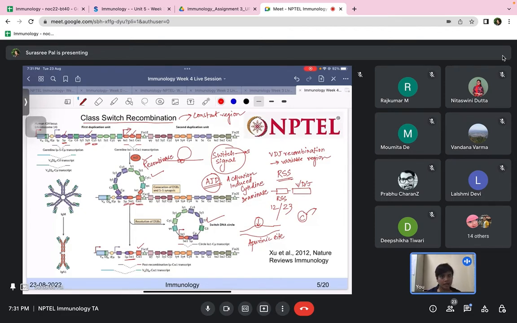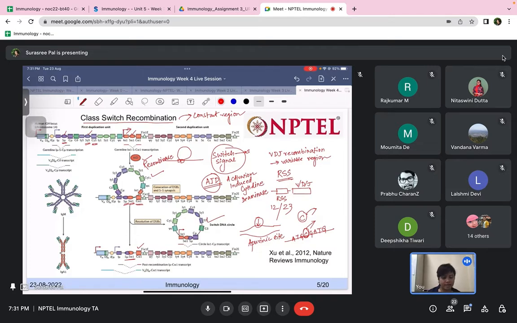What it does is it cleaves off this cytidine, right? Suppose this is the DNA strand, it has A, T, G, C, C, A, T, G, this kind of sequence, and this AID cleaves off this cytidine, so it releases this cytidine, right?